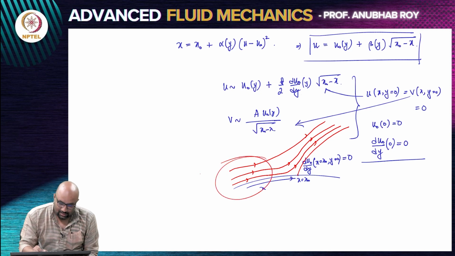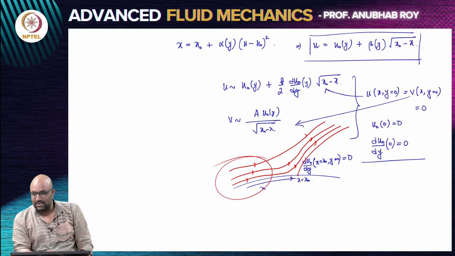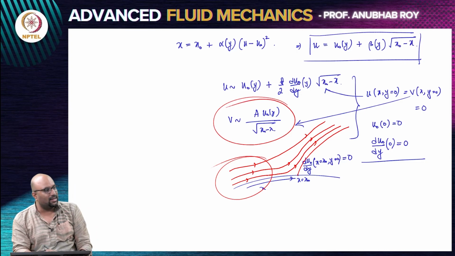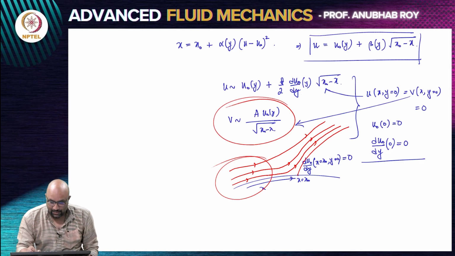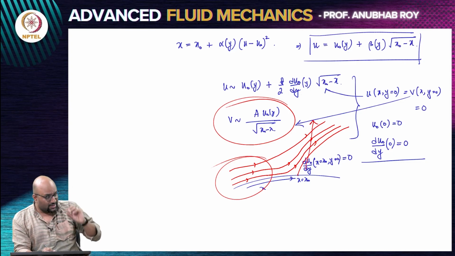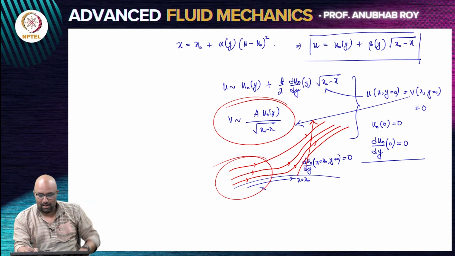It remains confined away from that point, but once it approaches that point, it can no longer remain confined, because based on Prandtl's theory, the vertical velocity has become divergent there. The vertical velocity has blown up, and as the vertical velocity blows up, fluid gets transported into the bulk. So, viscous diffusion, which as per Prandtl's theory is going to remain confined very close to the surface, stops remaining confined to the surface and penetrates into the bulk beyond this particular point.